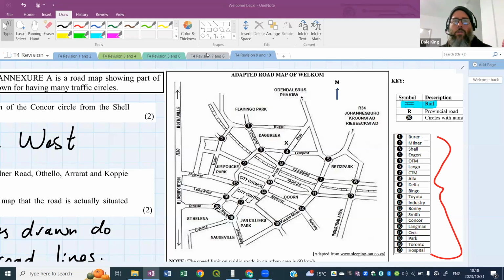You can just say the number if you can see it, or the name. It's up to you. You can type it in chat. Which traffic circle connects 5 roads? Can you guys see?